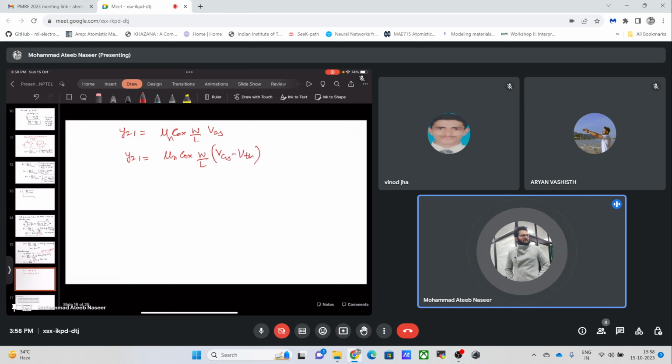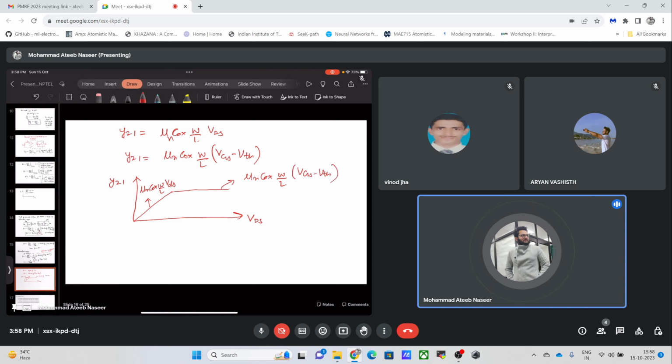As we move from the linear to the saturation region, the plot of Y21 versus VDS will look like this: it rises, then saturates. This is the region of mu n Cox W by L VDS, and this is the region of mu n Cox W by L VGS minus VTH.